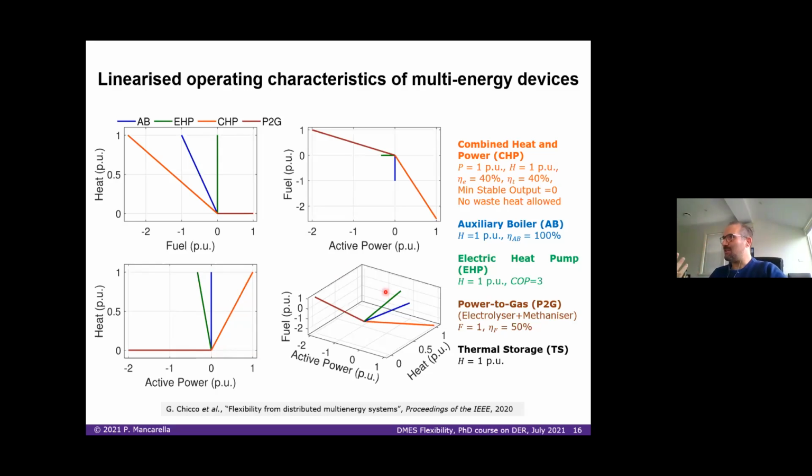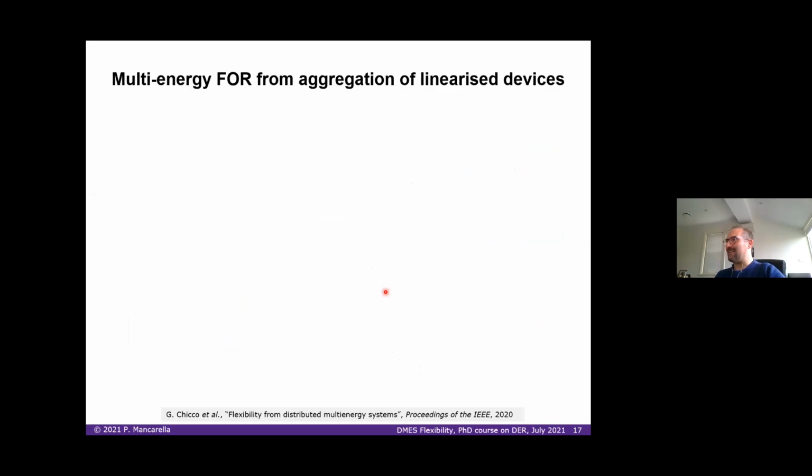Now, what becomes very interesting is when we couple technologies, the same way as we coupled the different individual technologies for electricity, looking at active and reactive power. Now we can look at all these different maps and couple technologies across these maps, again, by performing Minkowski summations in these different spaces.